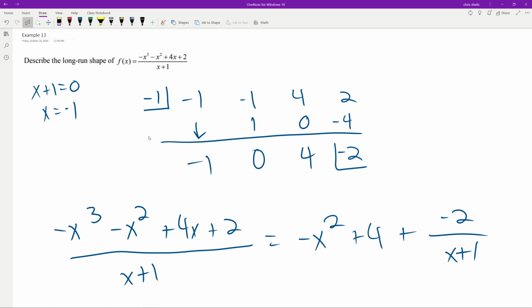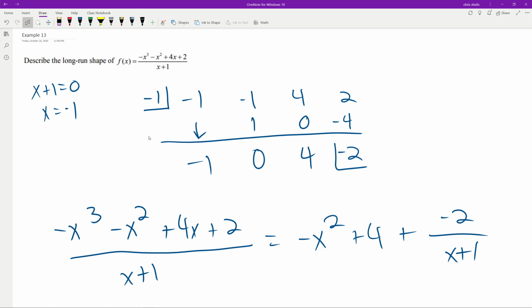Or let's see, did I do something wrong here? I don't think I did something wrong here. I think that the worked example here actually has something wrong with it. Yeah, okay, I'm correct.